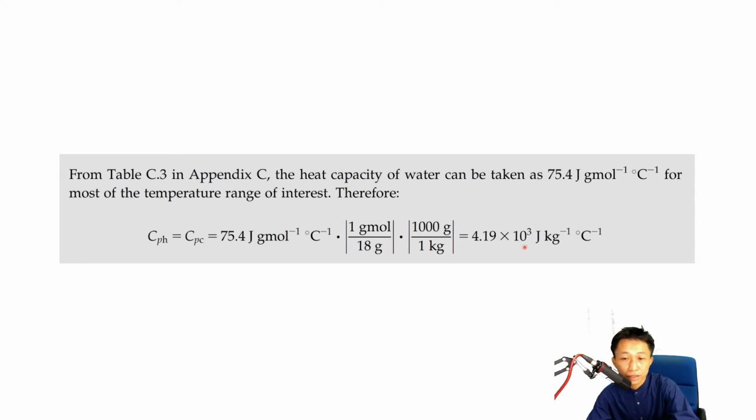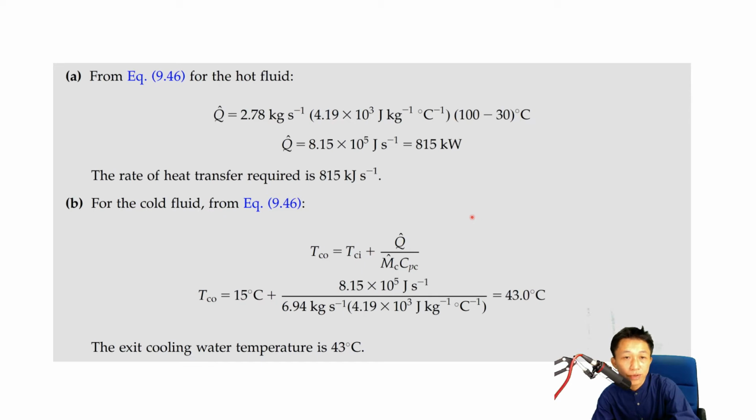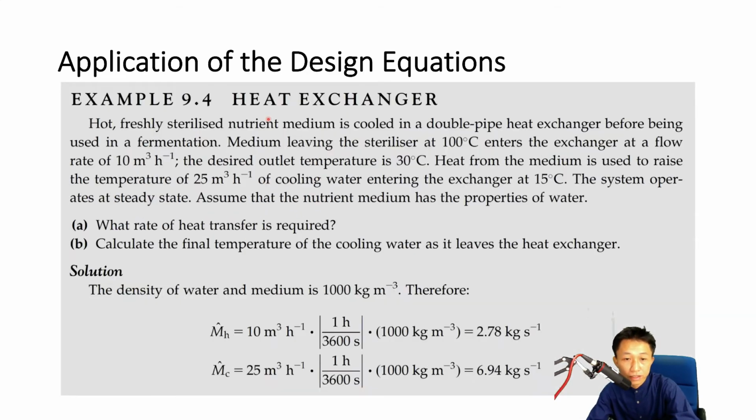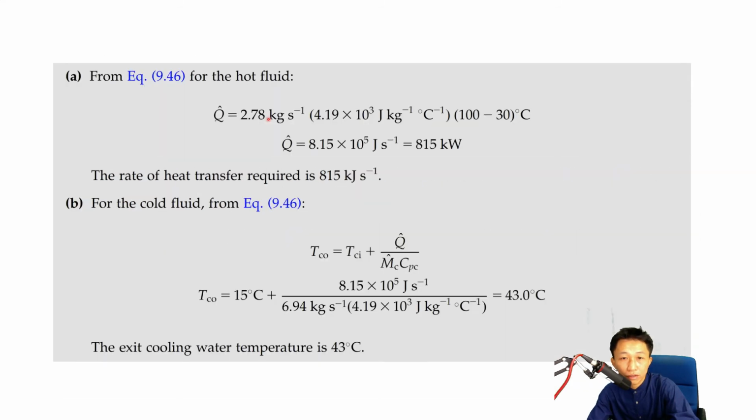And again, this is Q. Q is m Cp delta T for the hot side, where the temperature is reduced from 100 to 30. This is your Cp, this is the hot side. This first one, heat, is m Cp delta T, kilojoule per second, which is kilowatt, for example.